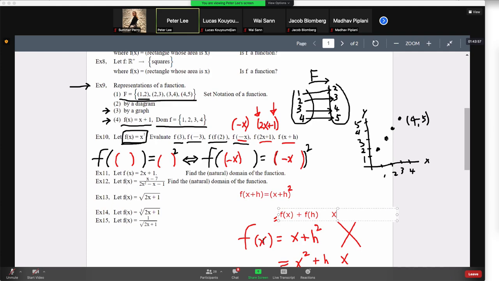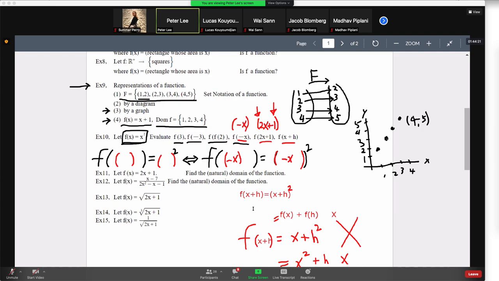Oh, what I meant by this was f of x plus h. Sorry, here I should have written this correctly. So you erase f of x. What I meant by this is f of x plus h. F of x plus h is not x plus h squared, it is not x squared plus h, it is not f of x plus f of h.